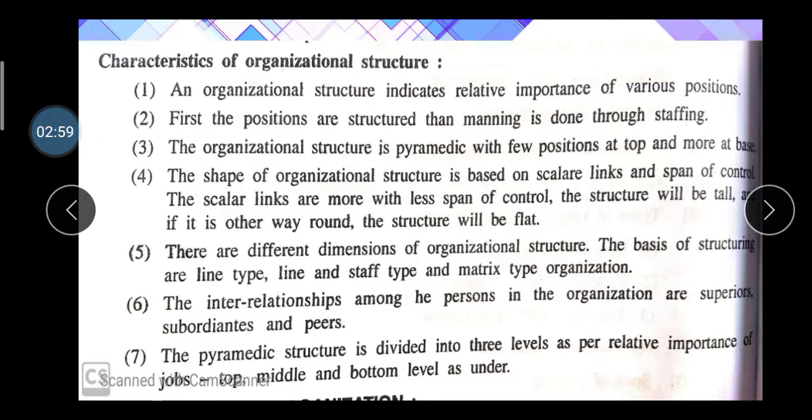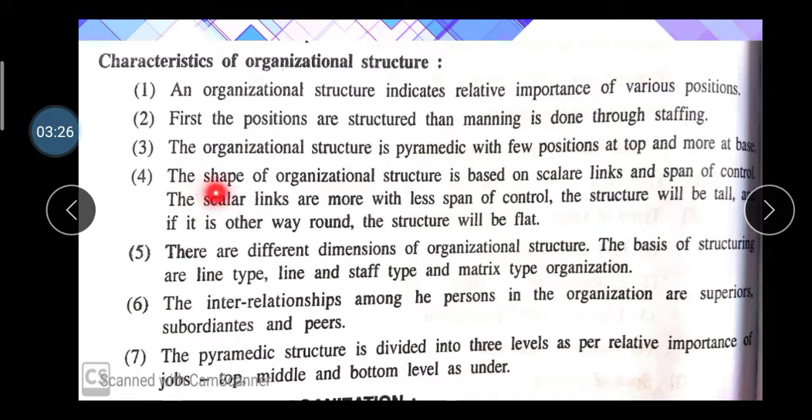First, they have to decide the position according to the staffing function. The superior is higher than the subordinate, and the subordinate has lesser authority than the superior. You can identify this through the structure. Third, the organizational structure is a pyramid with a few positions at the top and more at the base. So according to the pyramid, you have to decide your position in the organization.